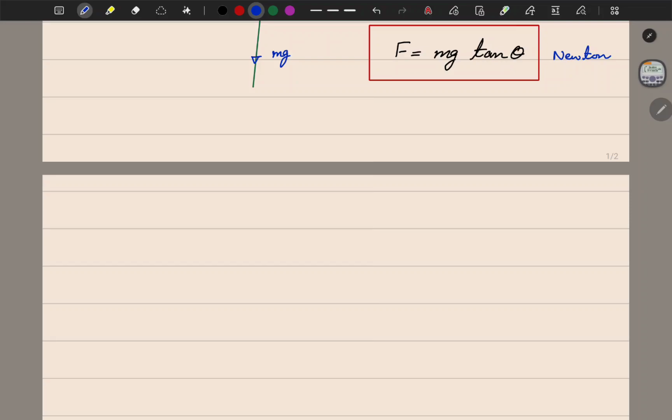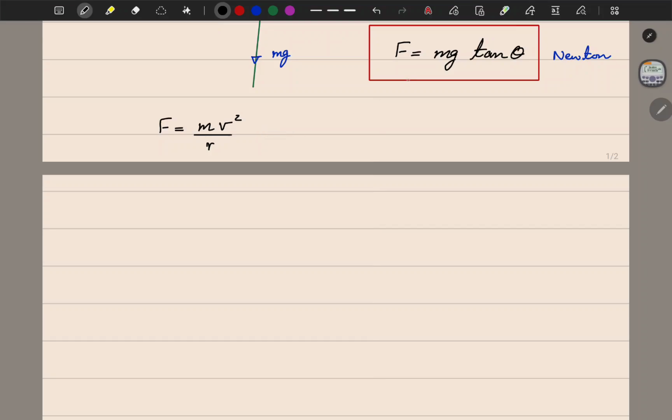Now, from general circular motion, we know that centripetal force is the mass multiplied by the velocity squared divided by the radius.